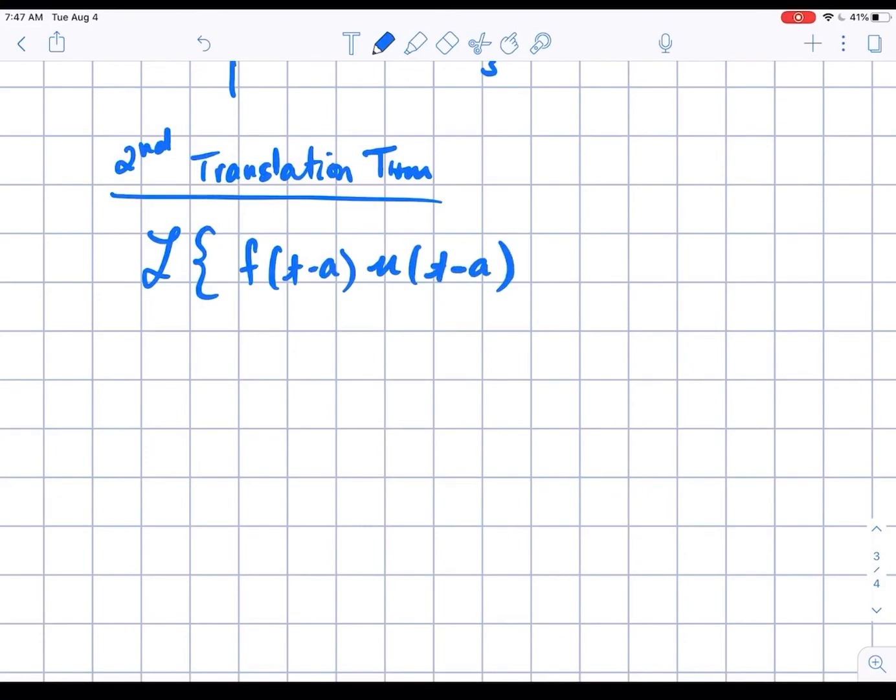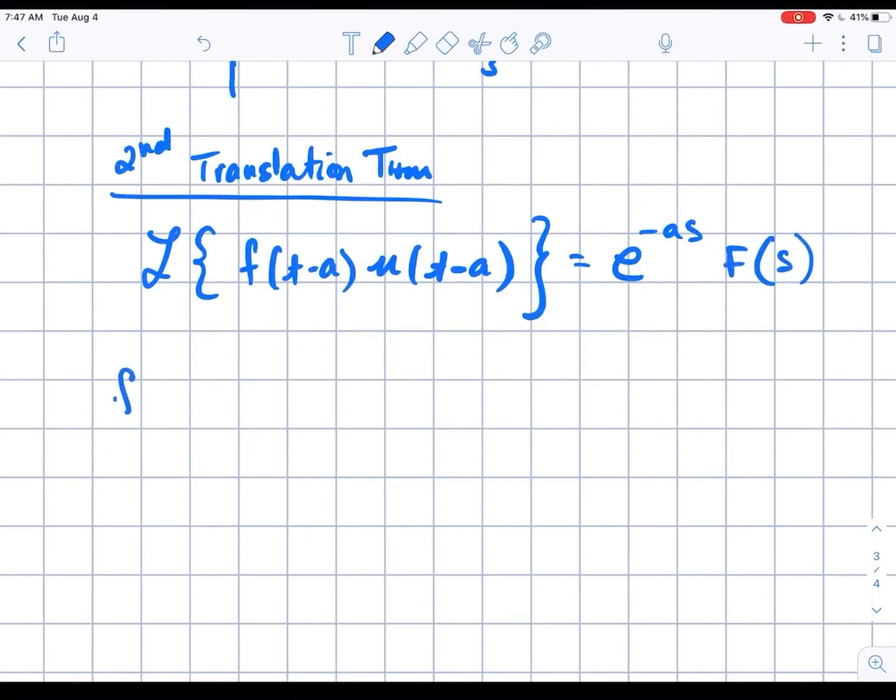You want to have a function of t minus a, then that unit step function t minus a, so that has to match, and if that happens then you could translate it as e to the negative as, and then a function capital F of s.